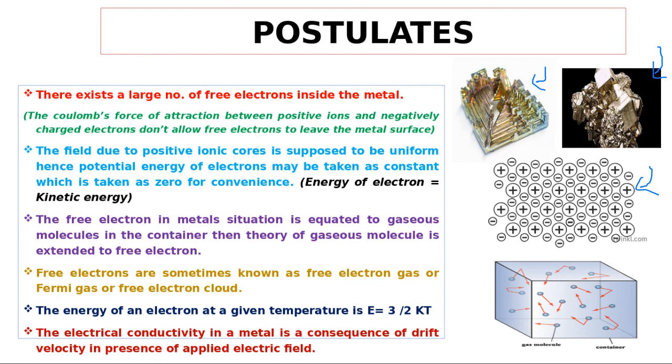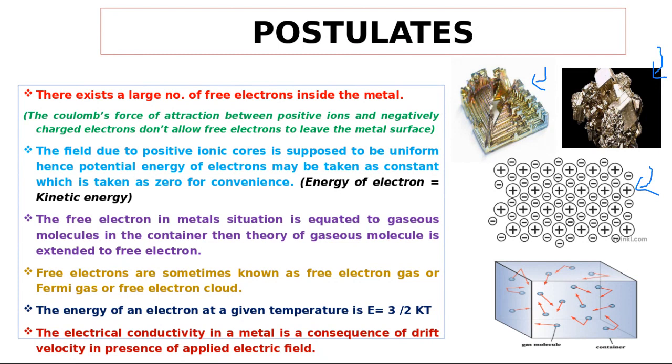This Coulomb force of attraction between positive ions and negatively charged electrons does not allow free electrons to leave the metal surface. So is it clear? Otherwise, when you spray a perfume, it can go anywhere.